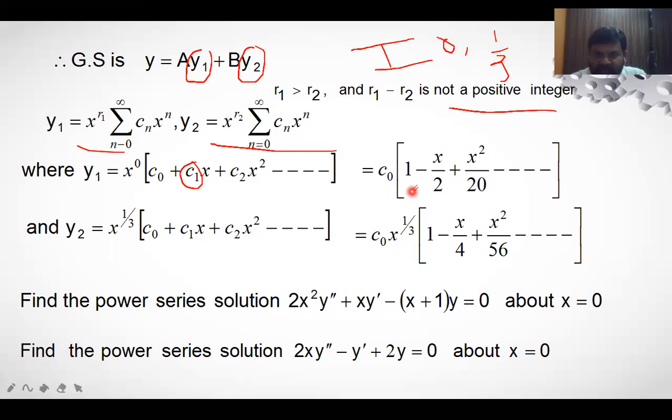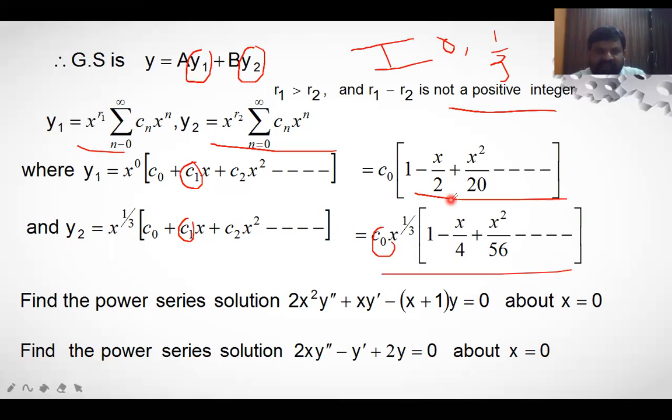Similarly in case of y2, since the second root r2 equal to 1 by 3, therefore x raised to 1 by 3 into, expand this as c0 plus c1x plus c2x square plus so on. Again substitute c1, c2 and so on in terms of c0 and take out that c0 common, we will get this, and substitute these two in this equation.